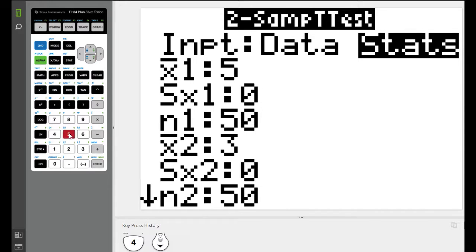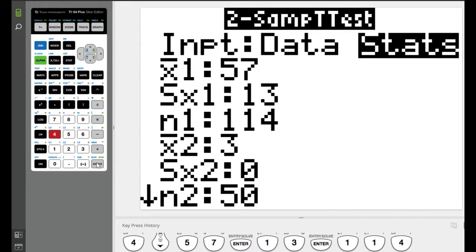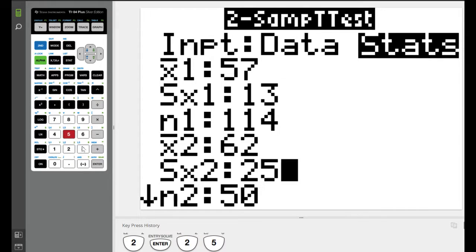X1 bar, that was 57. SX1, that's the sample standard deviation for the red salmon. It was 13. N1 was 114, I believe. X2 bar, 62. S2 is 25. Our N2 is 124.